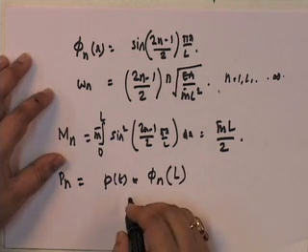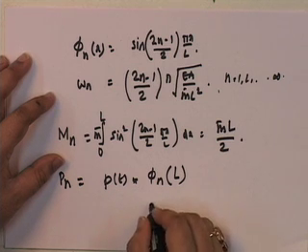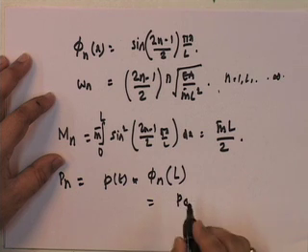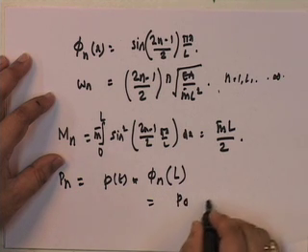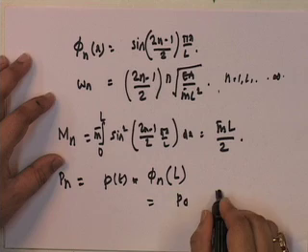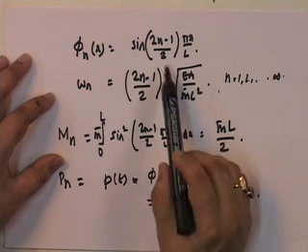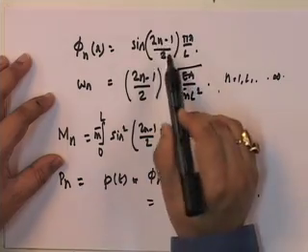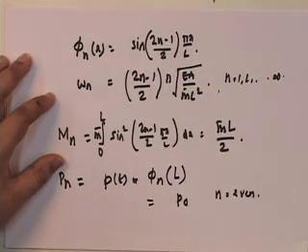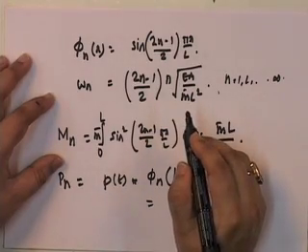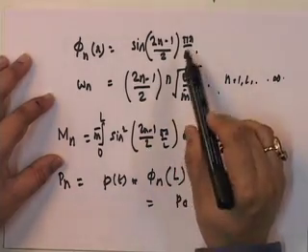If you look at that, this becomes P naught when n is odd. For example, put n equal to 1. If we put n equal to 1, we get pi upon 2, and sine of pi upon 2 is equal to 1.